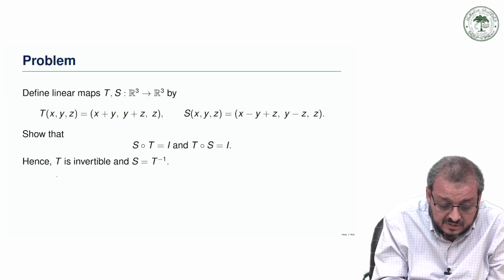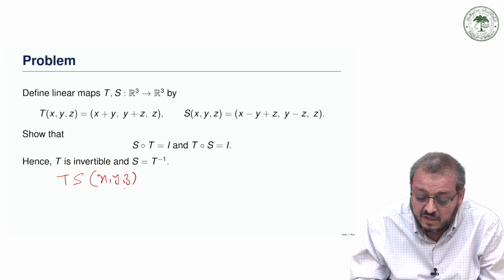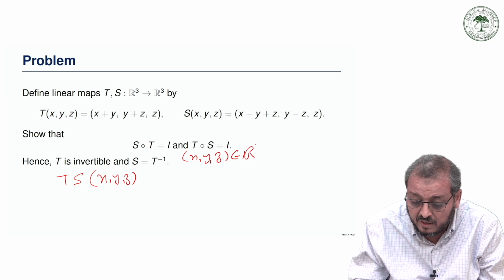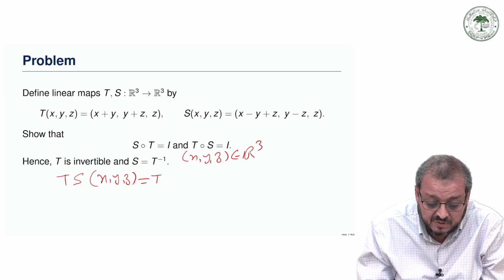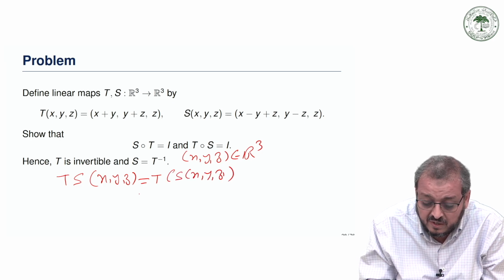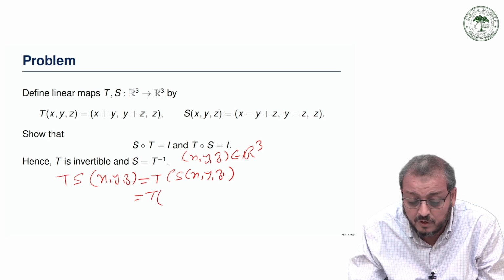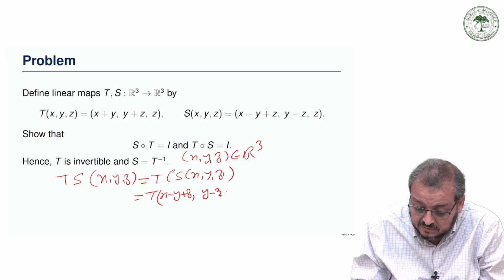Okay, so let us try one more for this problem. We have to calculate T of S of any x, y, z, so let x, y, z be an element of R3. Now by the definition of a composition function, this is nothing but T of S of x, y, z, and S of x, y, z is equal to this form: x minus y plus z, then y minus z comma z.